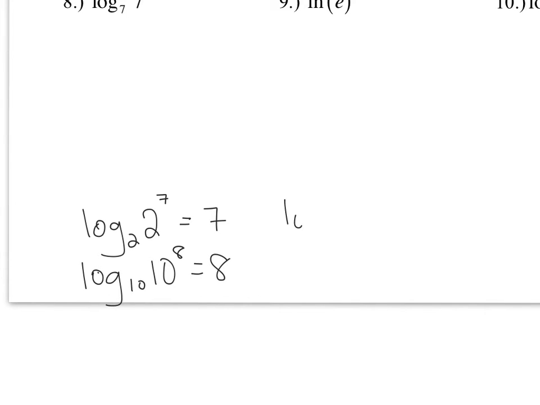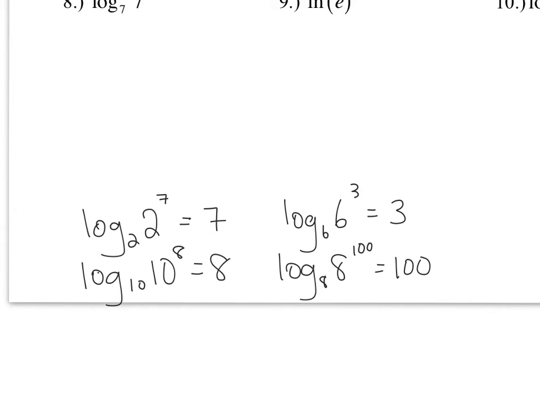Or log base 6 of 6 to the 3rd power, that would equal 3. Or log base 8 of 8 to the 100th would equal 100. Hopefully you've found the pattern.